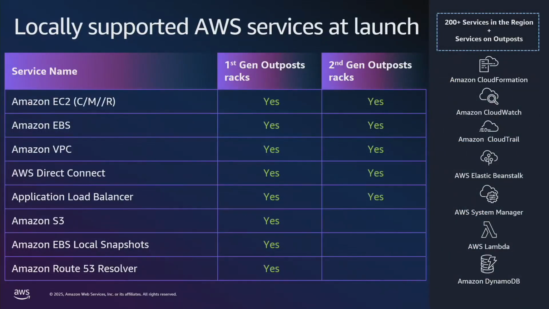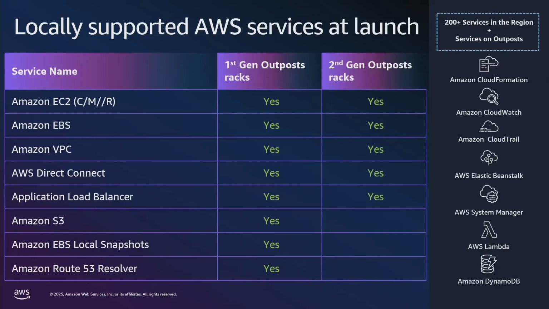In terms of features, both racks support EC2 instances, both racks offer EBS storage, and VPC cloud computing and all the other bits with NACLs, security groups, etc. all work same as they did before. Direct Connect works, and application load balancer.